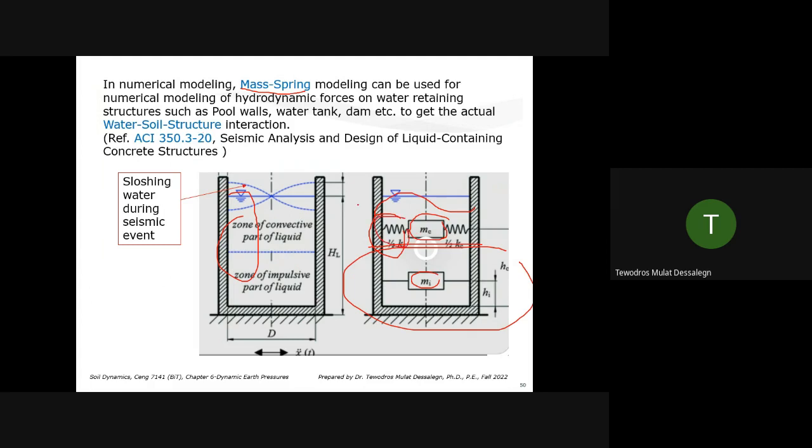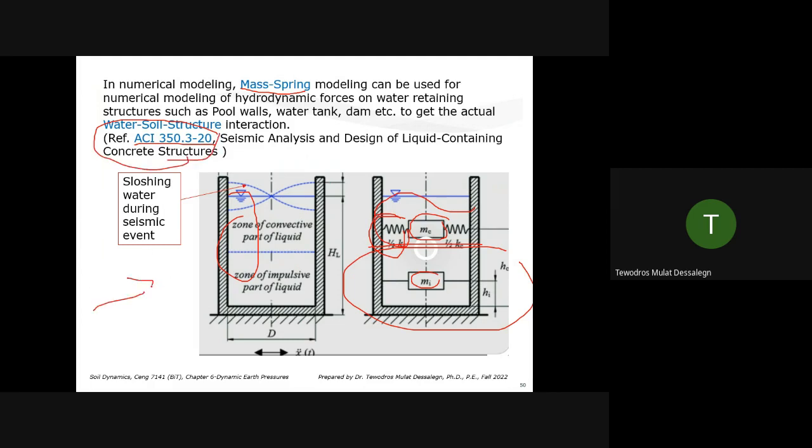I didn't put any detail on this, but there is a reference for that. If you have to do it in the future, you can use ACI 350.3-20, from the American Concrete Institute. It's a reference book with details on this.